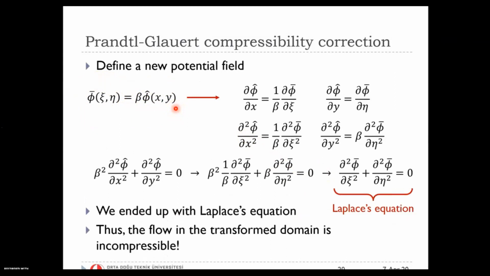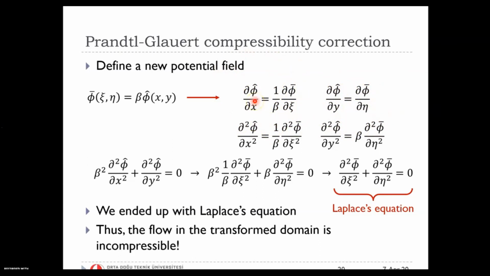After defining this, one can also get the derivatives of phi hat with respect to x in terms of the new potential field in the transformed domain. You can get these relations calculated by yourself quite easily, I assume.